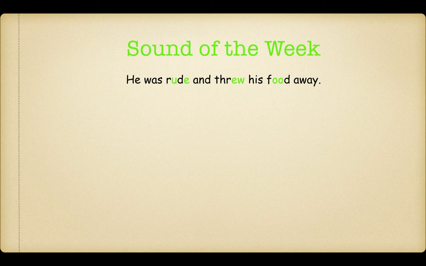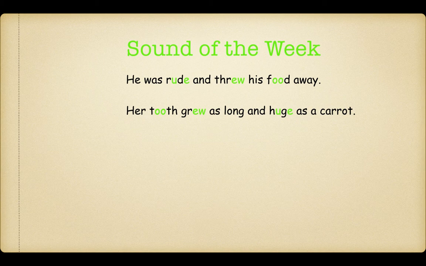And in the second sentence, her tooth grew as long and huge as a carrot. So in the word tooth, we have our grapheme oo, which makes that oo sound, and grew, ew grapheme to make the oo sound, and the split digraph with huge, and g splitting the u and the e.